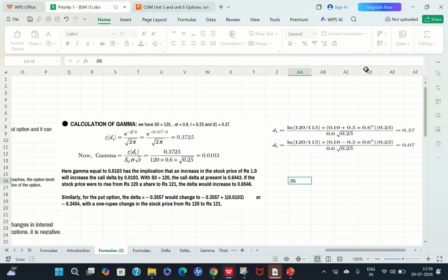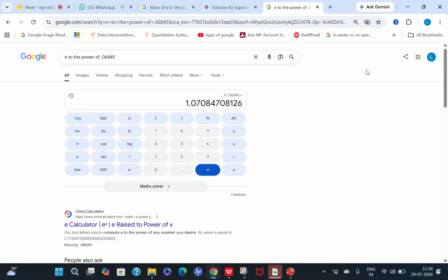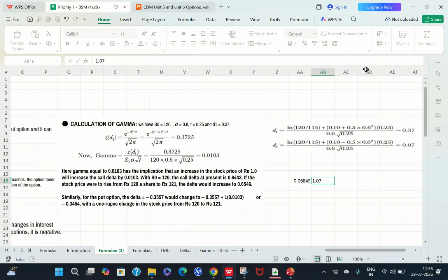So here we are going to divide that by root of 2 pi. So when we say root of 2 pi, what is pi? Pi is 22 by 7. So 2 into 22 divided by 7, that square root we are getting 2.50. So 2.50, this divided by this, we are getting 0.428.